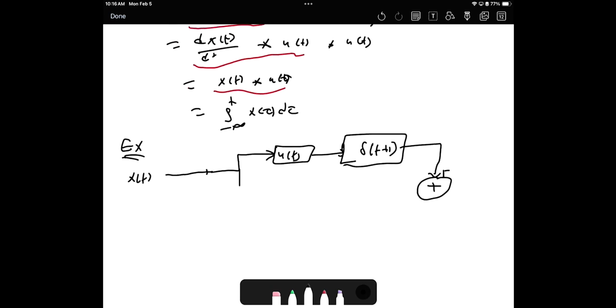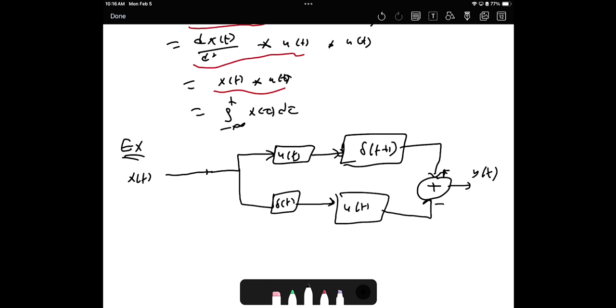Then on the other side here is delta of t. It will go to u of t, then subtraction, then here we have y of t. And this is all of it inside the box. That's what's happening inside the system.